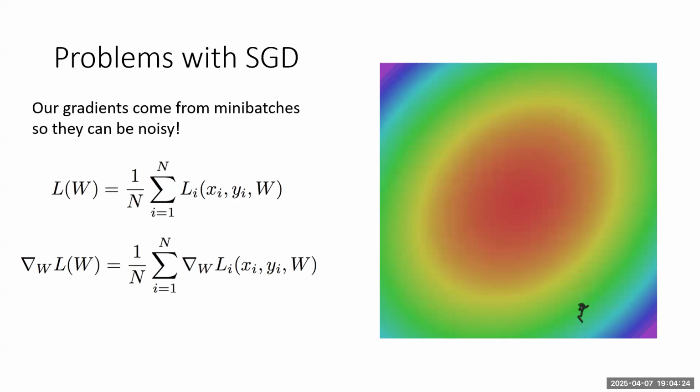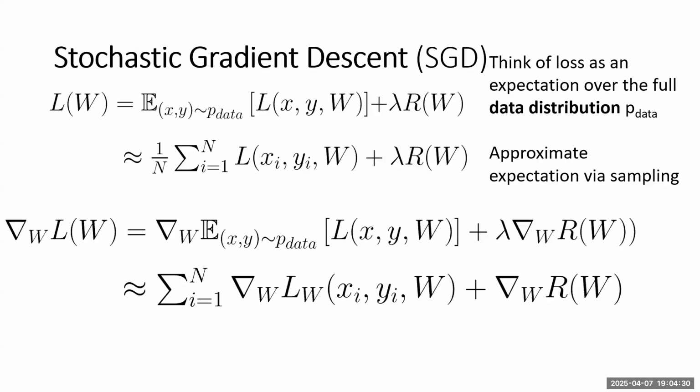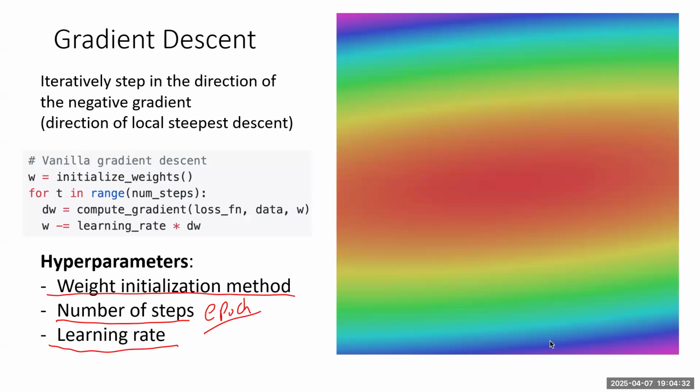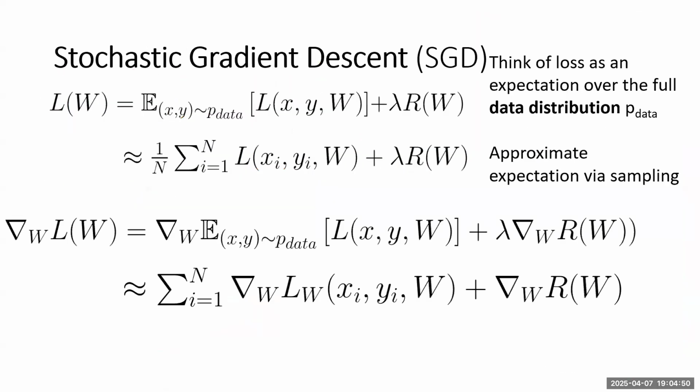See, it's not going straight. If you look at the original, this is the gradient descent. You see, it goes smoothly to the minimum. Stochastic is not smooth, it struggles.